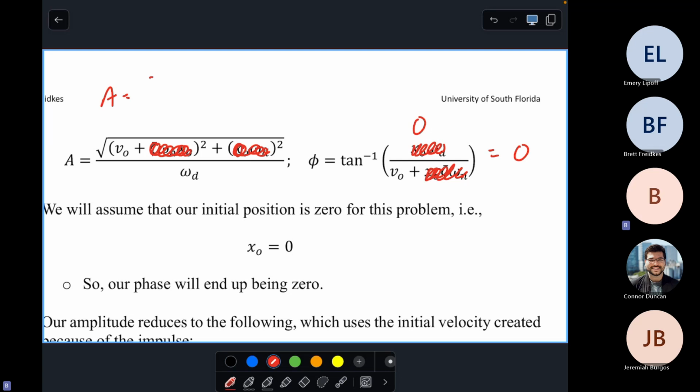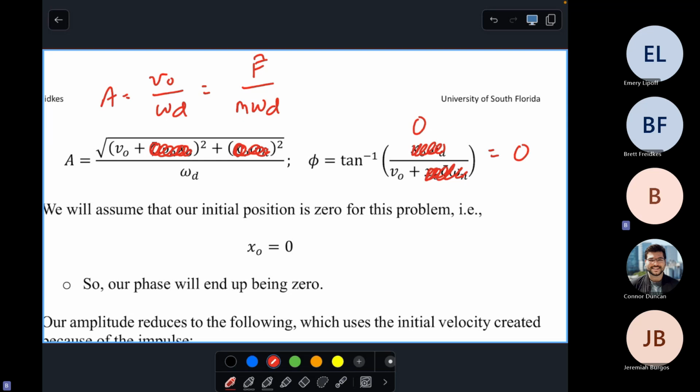That's correct. What is V naught? F hat over m. That's correct. This is F hat over m omega d. That is your amplitude, where omega d is the damped natural frequency. So that's the frequency it'll oscillate at. That depends on the damping. That's omega n times the square root of 1 minus zeta squared. So if zeta is 0, it oscillates at its natural frequency. If it's not 0, it oscillates a little bit differently.